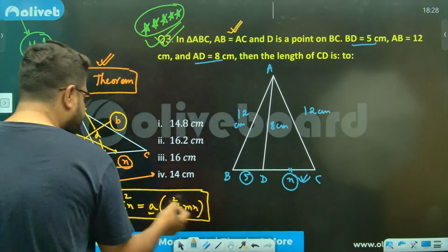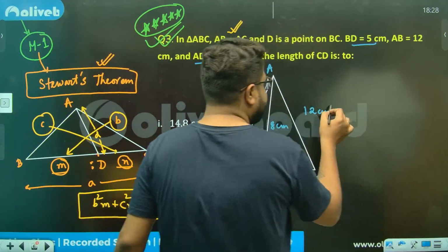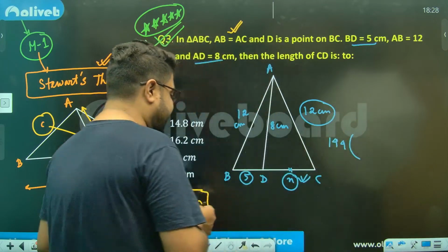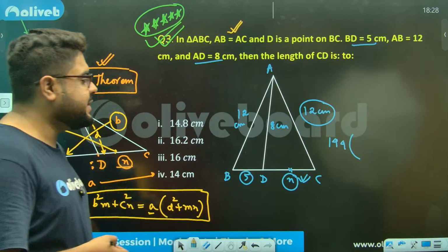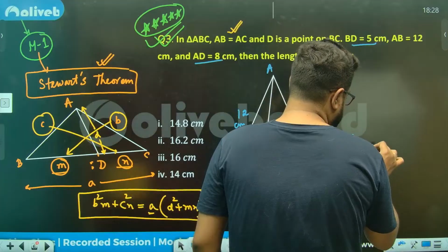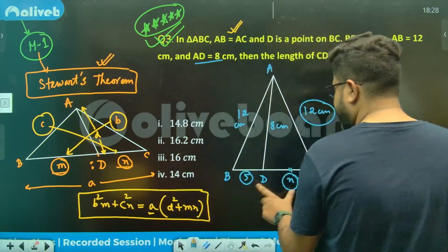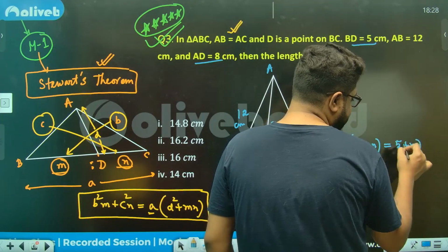From this formula, I need the value of N. So B squared is 144 into M plus N, because B squared will go common. M plus N is 5 plus N. That is equal to A, and A is 5 plus N itself, so this cancels.